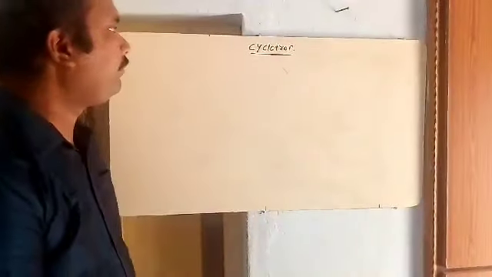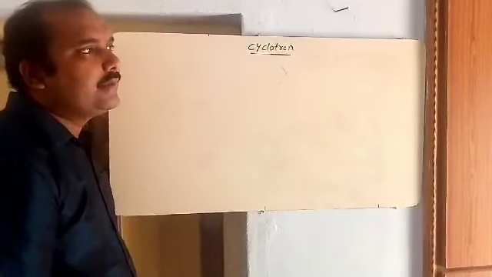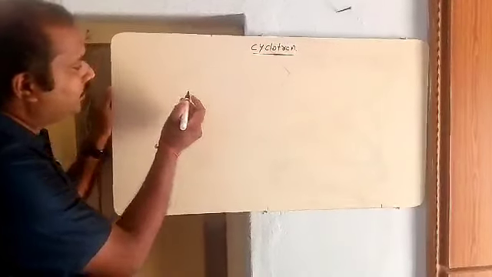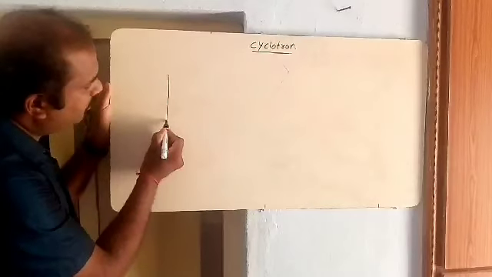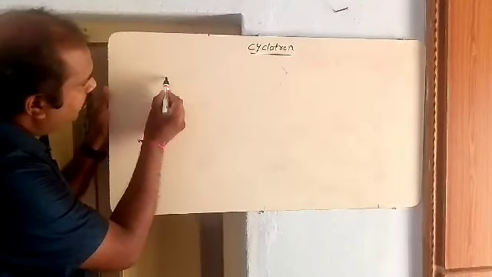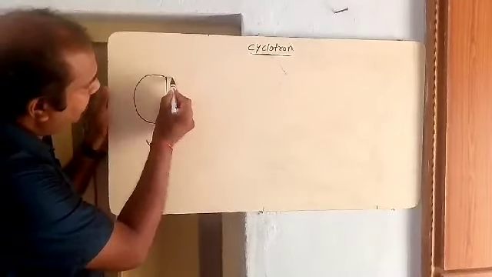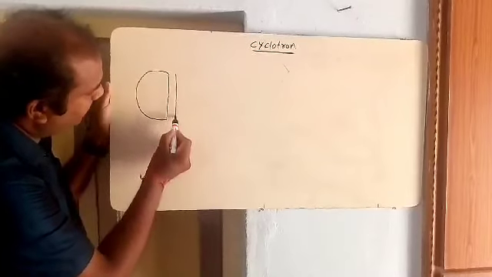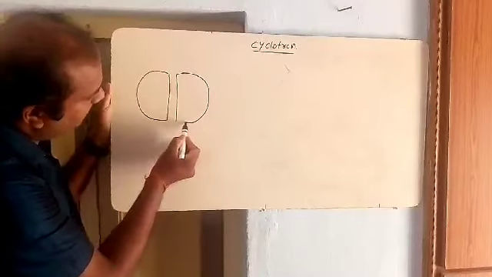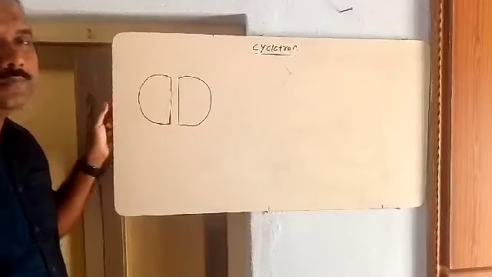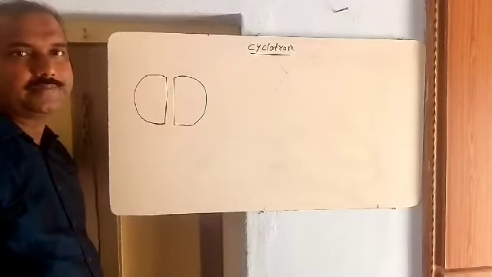See, this cyclotron consists of two D-shaped semicircular discs, hollow discs.